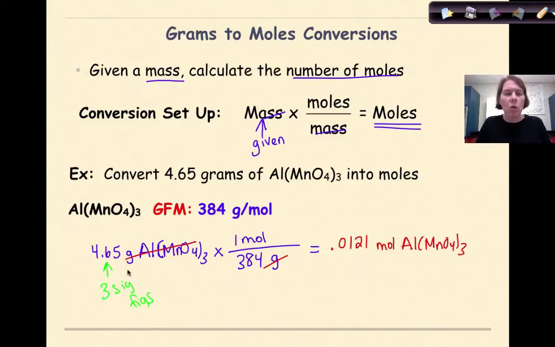No, don't look at these, only look at your given. So 4.65 has 3 significant figures, therefore my answer has to have 3 significant figures. This 0 right here is a placeholder, so 3 sig figs for your answer. So again, when I look at this, I start out with grams, gram formula mass goes on the bottom, 1 mole on the top, I'm ending with moles.